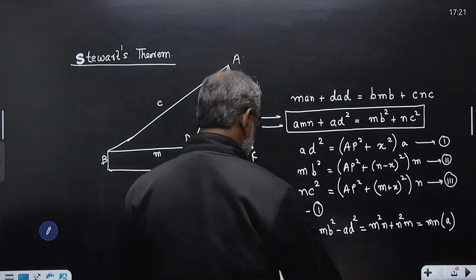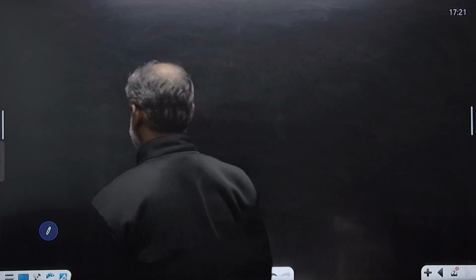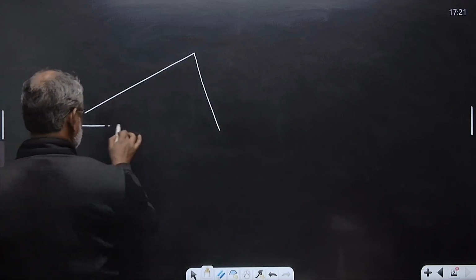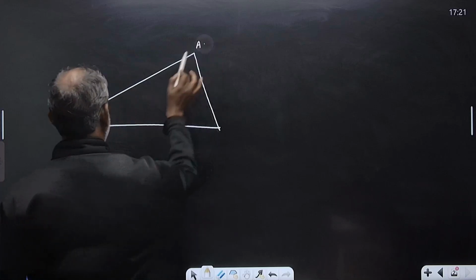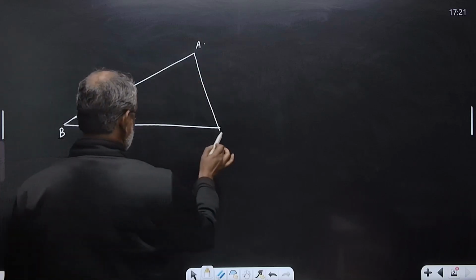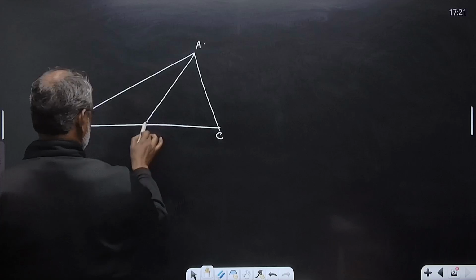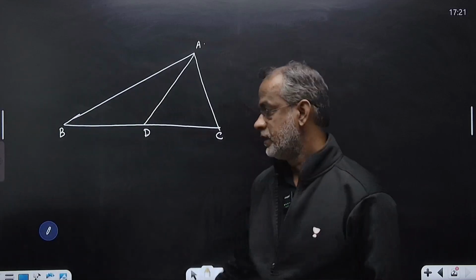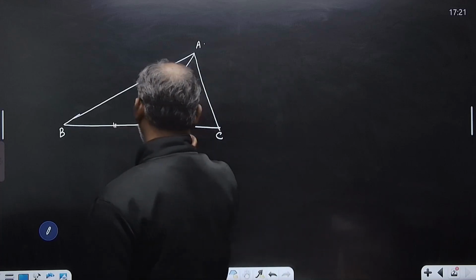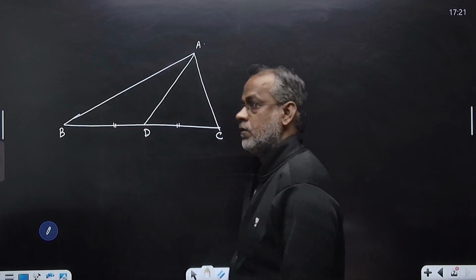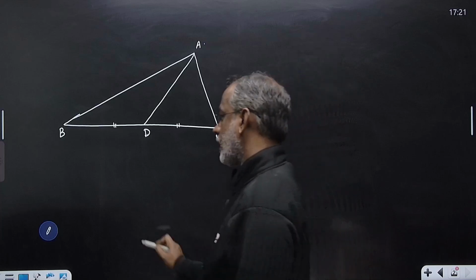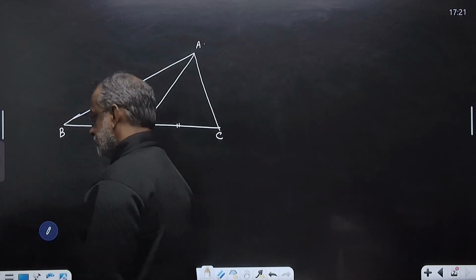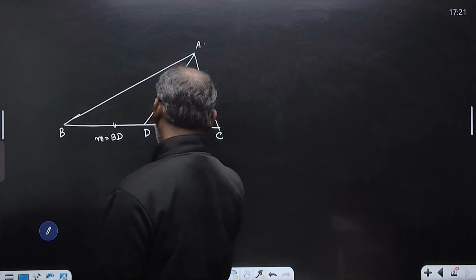What will we get for a median? You can just see. If we are drawing a median, this is A, B, C, and these two are equal. Here your M is BD, N is CD, so both are equal.